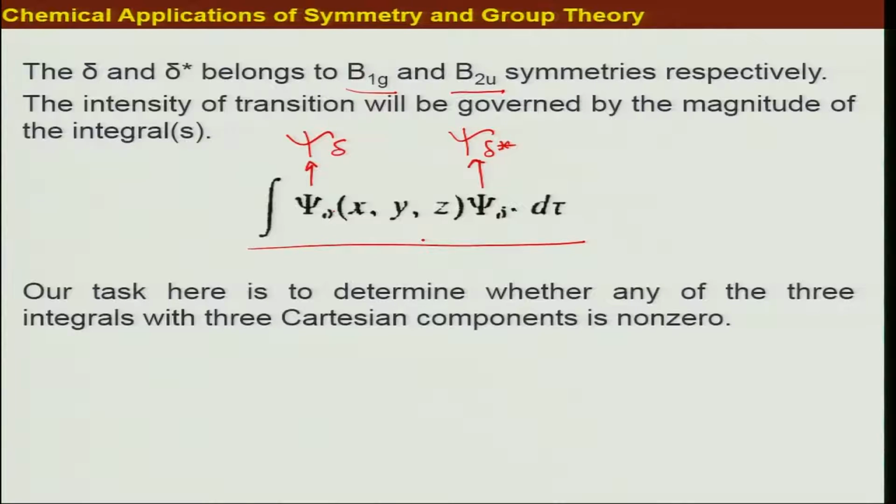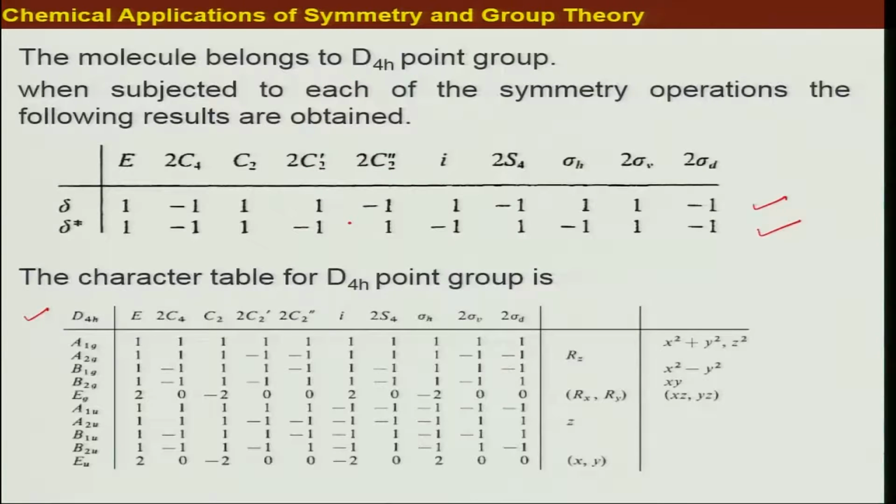Now we have to find out to which irreducible representation the individual x, y or z coordinates belong, or in other words, for which irreducible representation x, y or z form the basis. If we look at the character table, we can easily locate that.